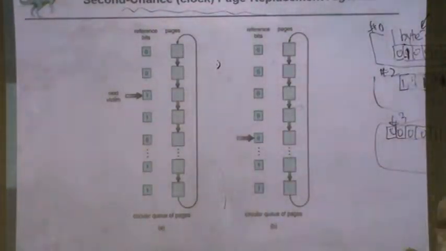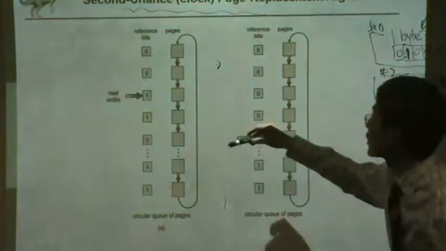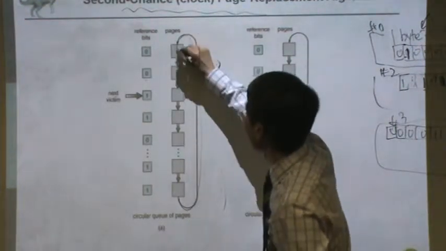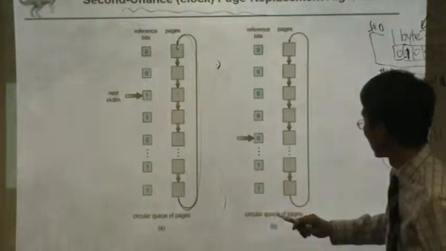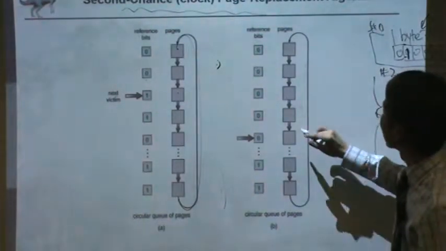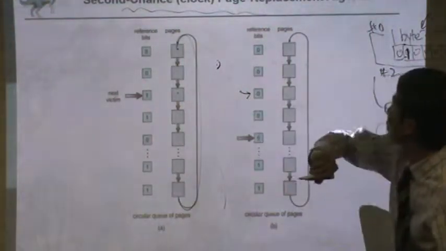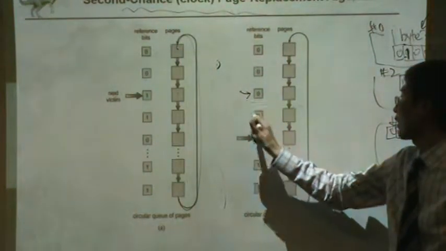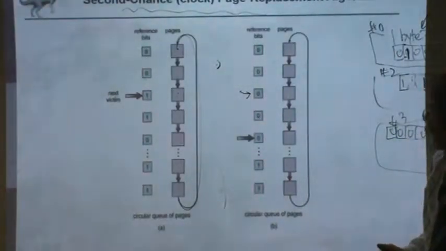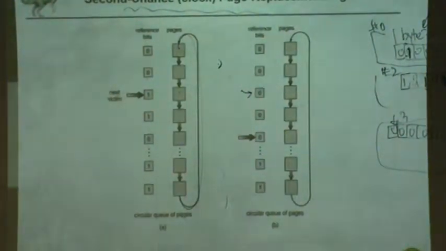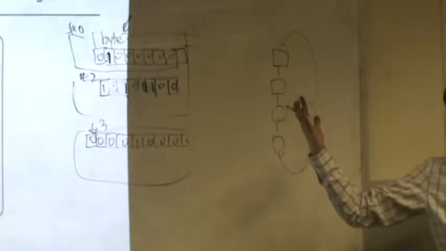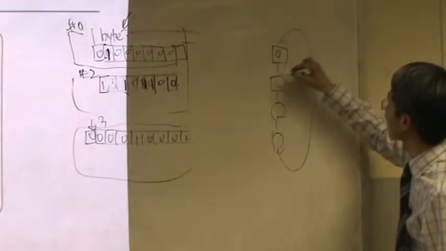When we select the victim, we'd like to search in a circular fashion. In this case, the last one was this one. Let me draw my own. Let's say this is the page and this one is not referenced the first time.